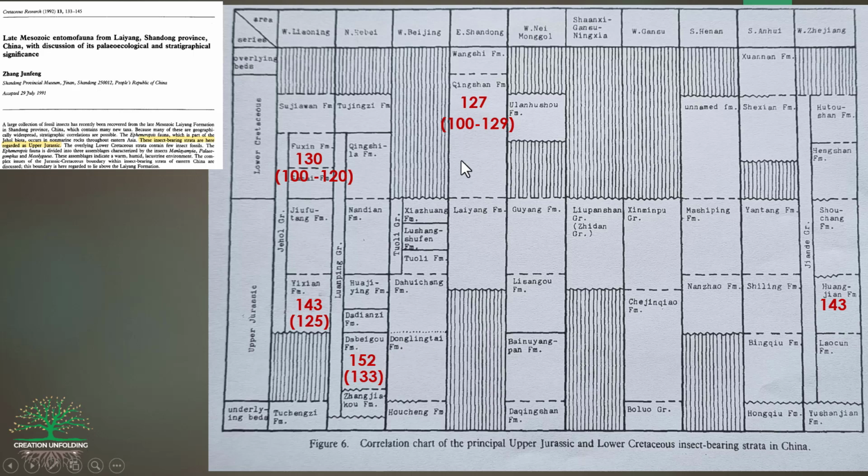So all of these, the ones that I have numbers on, are actually absolute dates that they had at the time in 1991. So they had 5 absolute dates of both the Yixian formation and some of the surrounding formations.